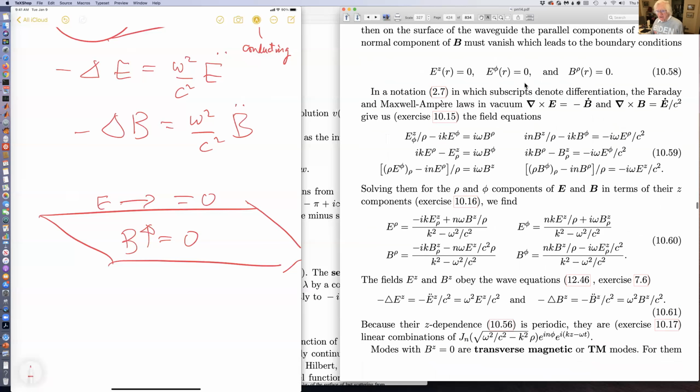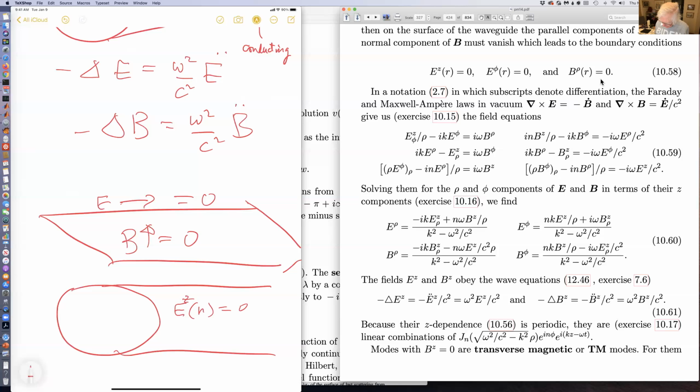These are the boundary conditions I just mentioned: E in the z direction at r is equal to 0, E in the phi direction at r equals 0, and on the other hand, B in the r direction at r equals 0. So these are the equations I just wrote down here.